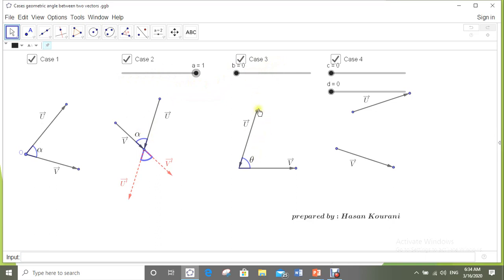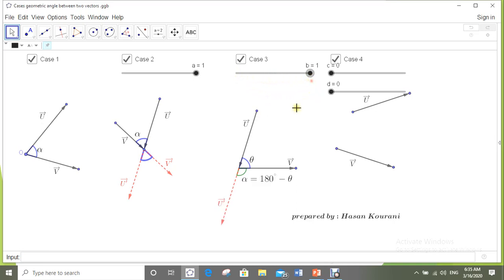Case 3, where the extremity of the first vector is placed at the origin of the second vector v. And we are given the angle theta. This is theta. Okay. We need them again, according to the definition, placed at the same origin, and this is not the case, so we try to do what we have done in case 2.